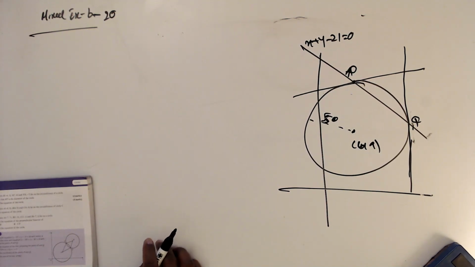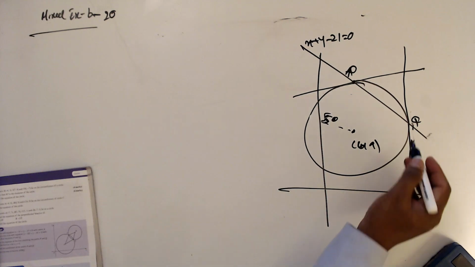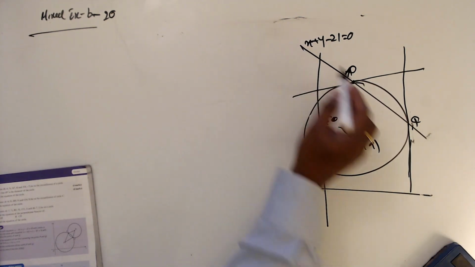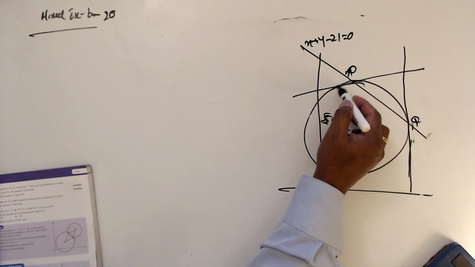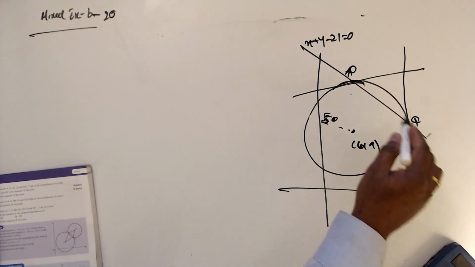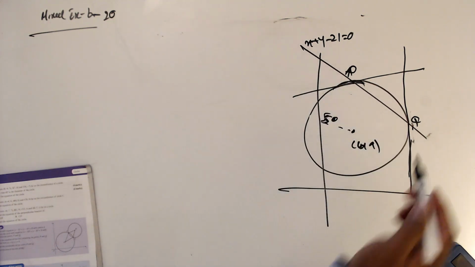Question number 20. We want to find the PQ coordinates. The line is given, so we want to simultaneously solve the circle equation and the line equation.